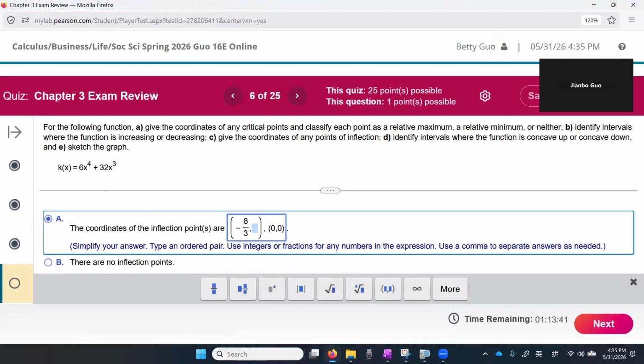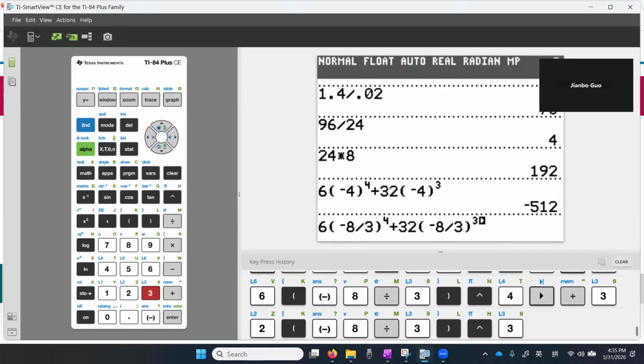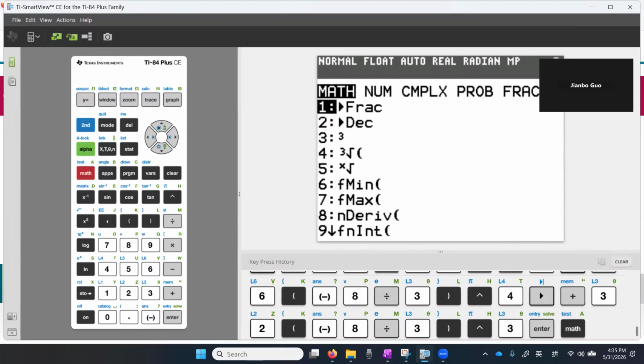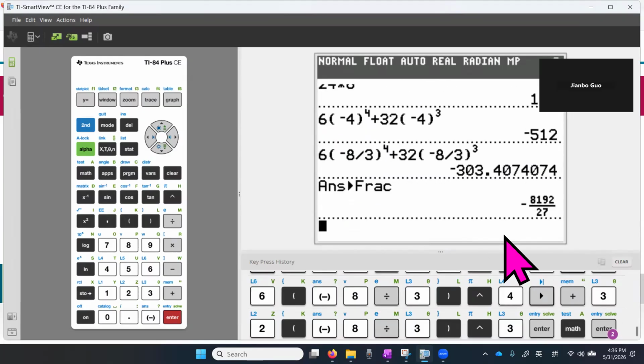The function is 6x to the fourth plus 32x cubed. I plug in negative a over 3. I hope the calculator can give me a fraction. Oh, it does. Very good. Negative a to the fourth times 192 over 27.